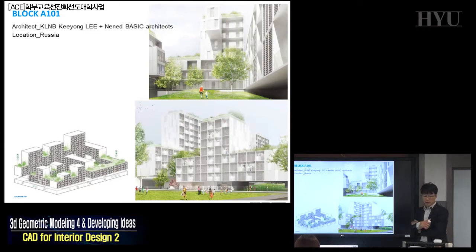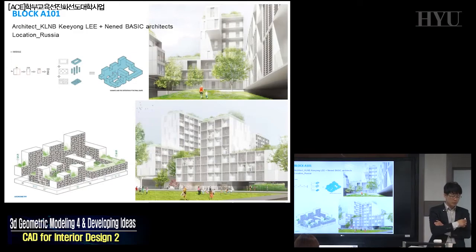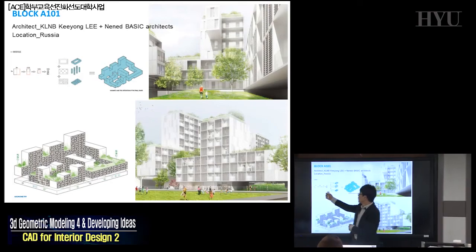But when we see that kind of isometric diagram, infographic, we can easily figure out how this building mass is constructed, as well as this kind of modularized diagram. The designer intends to subdivide a specific module that way.